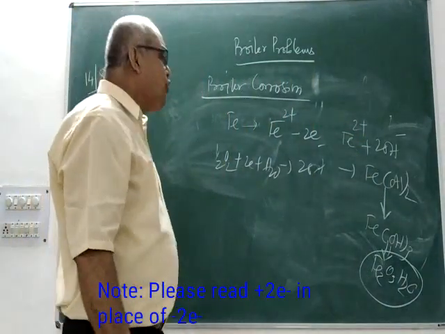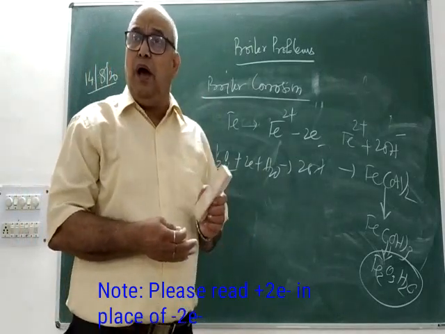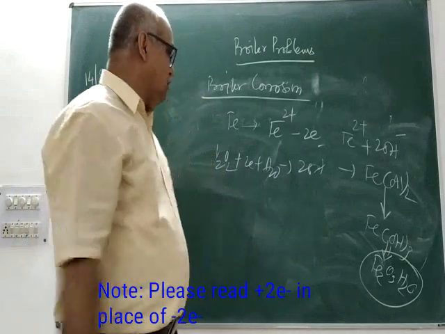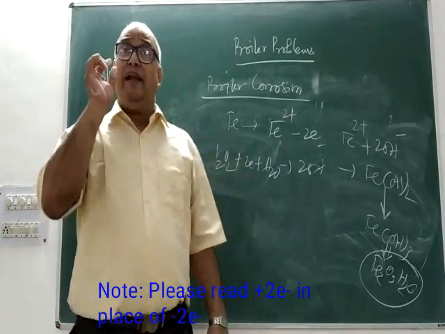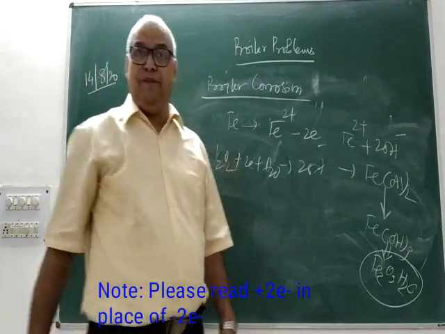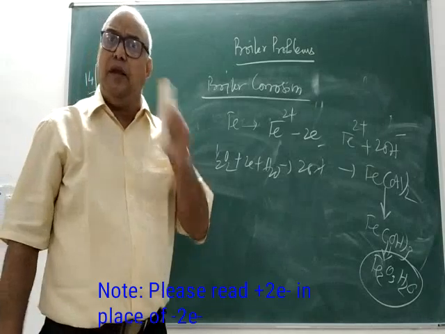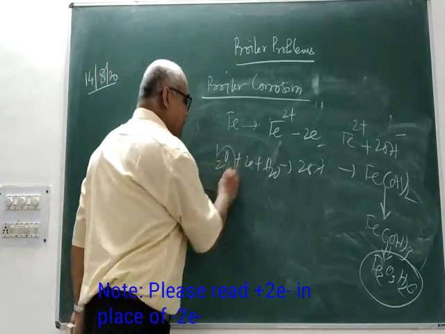Now we have to see how this kind of corrosion can be controlled. If we carefully observe, we have to identify some components which are mainly responsible for boiler corrosion. And the first culprit as far as corrosion in boiler is concerned is oxygen.